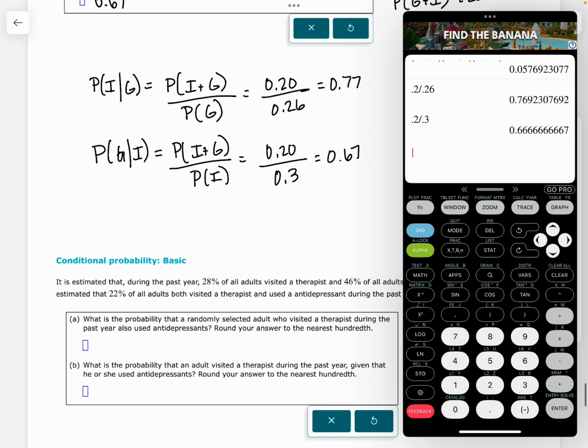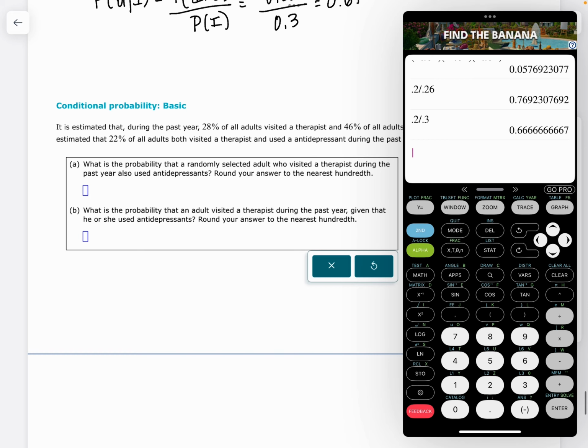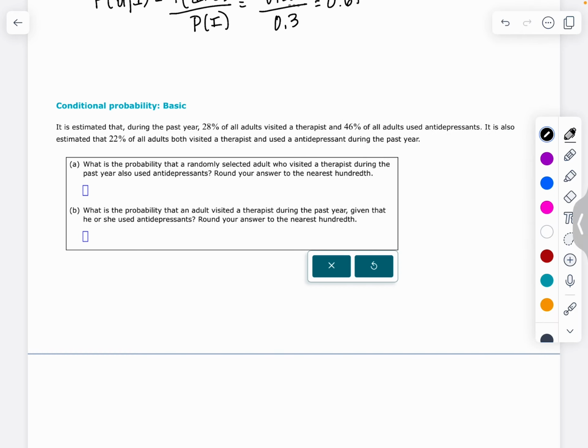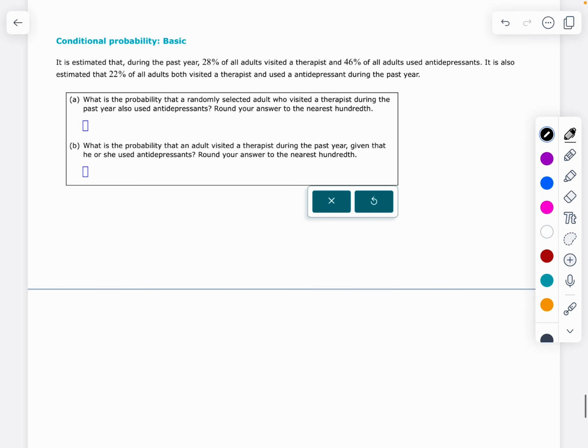All right, let's do the same thing down here now. It is estimated that during the past year, 28% of all adults visited a therapist, and 46% of all adults used antidepressants. So I'm going to grab mine, 28% therapist, 46%, I'm going to grab a different color, antidepressant. It was also estimated that 22% both visited a therapist and used an antidepressant.